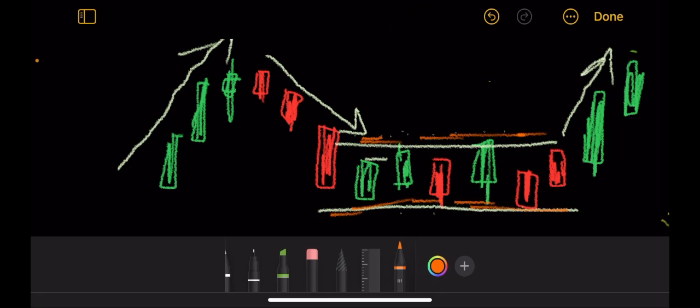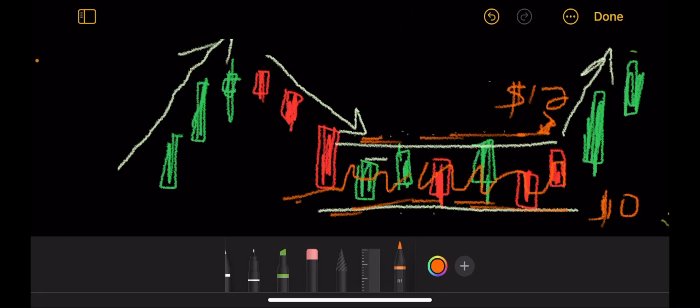So just say this down here is $10 and up here is $12. So pretty much this price action is just ranging between $10 and $12.